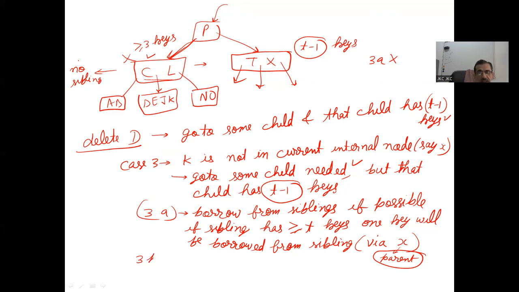Then I define the next case, 3B. Both siblings, or whatever siblings there are if there are more than one, can't borrow, because they have exactly T minus 1 keys.